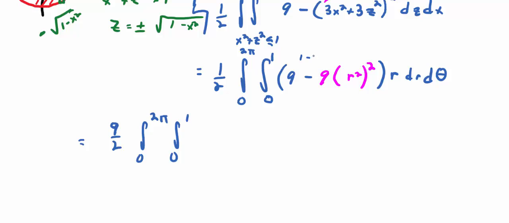So it becomes 1 minus r to the 4th times r. So what does that become? r minus r to the 5th. Did I do that right? dr d theta? Everybody agree with that? Okay.